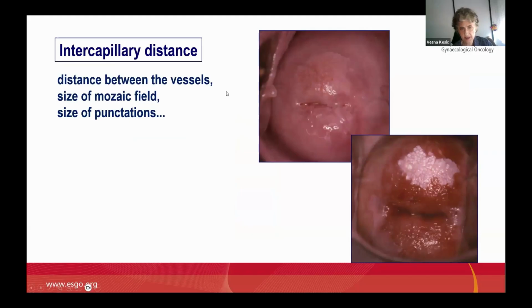Intercapillary distance is the distance between vessels, if we see them, but also the size of the mosaic field and the size of the punctation. We also consider the capillary network. You have just seen why: the red lines around the mosaic fields and the red spots are the vessels.